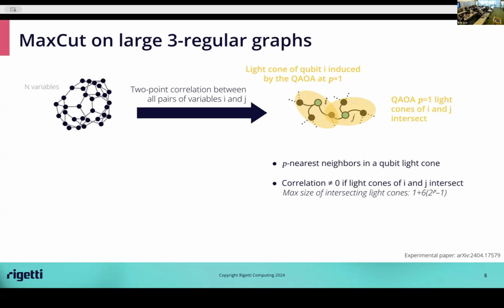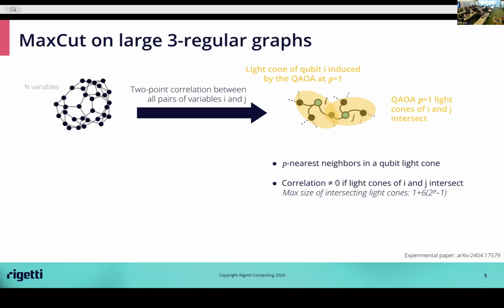And we know the maximum size that these intersecting light cones can have for 3-regular graphs, because they have a nice regular structure. So what does it mean in practice? If we are only interested in the Z_i Z_j expectation values, we can run the QAOA on only the qubits that make up the intersecting light cones, and the size of those is known.